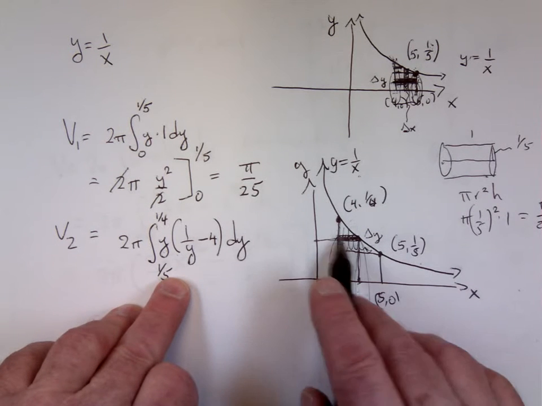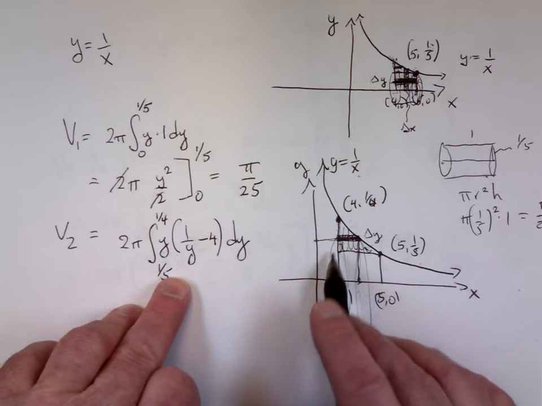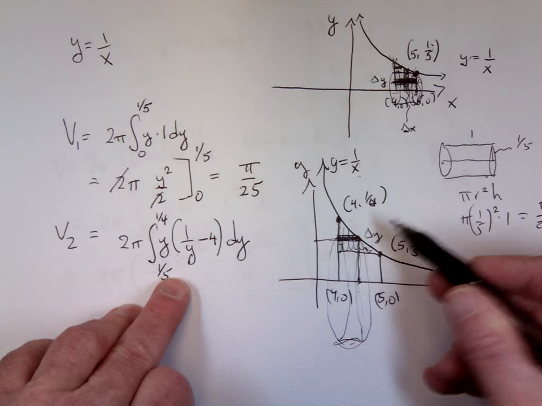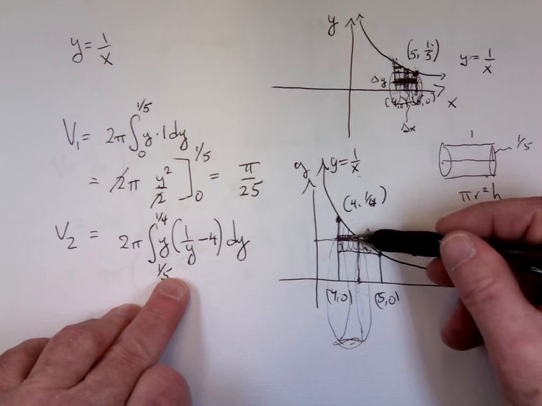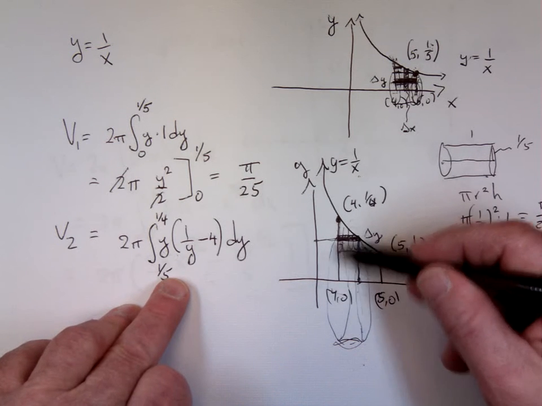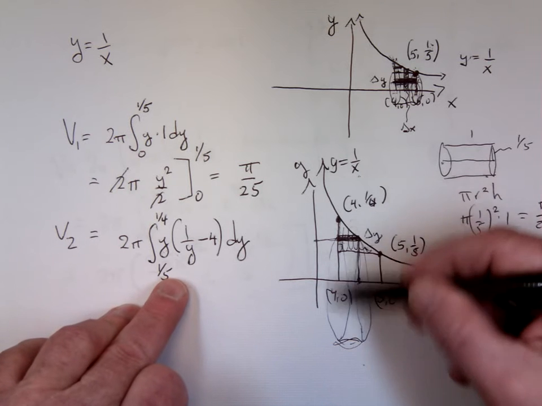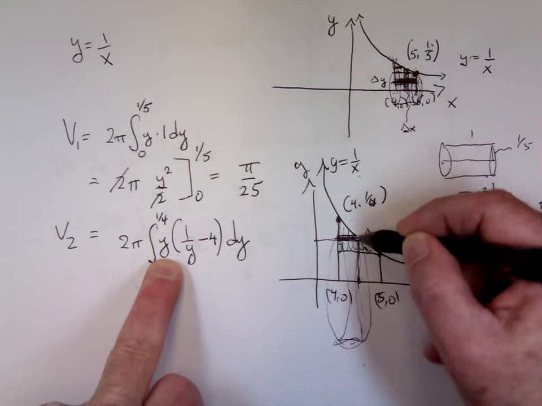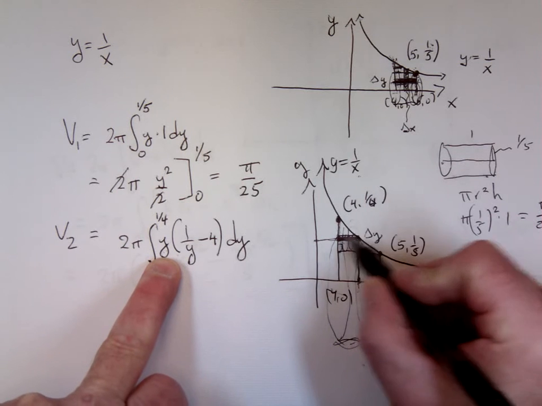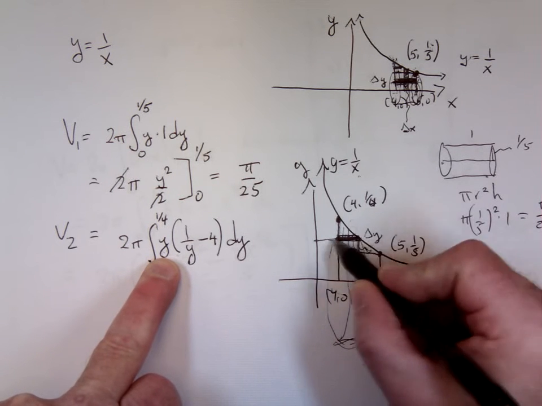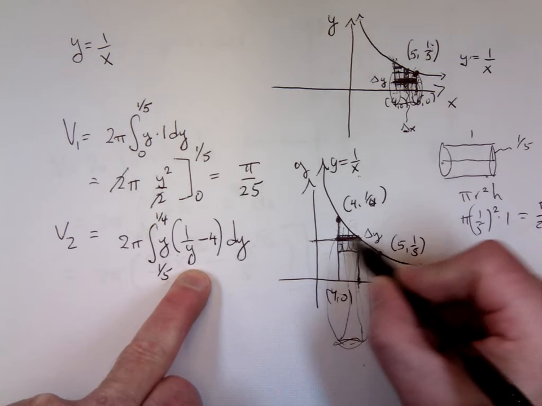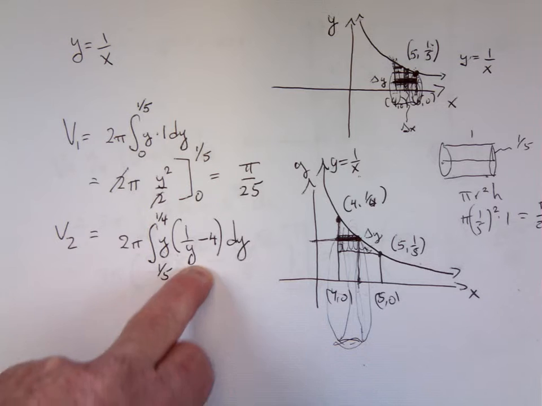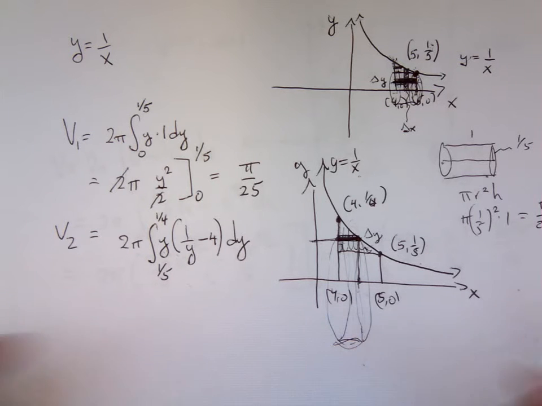It was equal to 2 pi r, and we were going around the x-axis. So when we were going around the x-axis, it was 2 pi r, and r is the height above the x-axis, which is y, and then h is this distance. Well, what is this distance? It's equal to this distance, x, which is 1 over y, minus this distance, 4. Yeah, that was it.